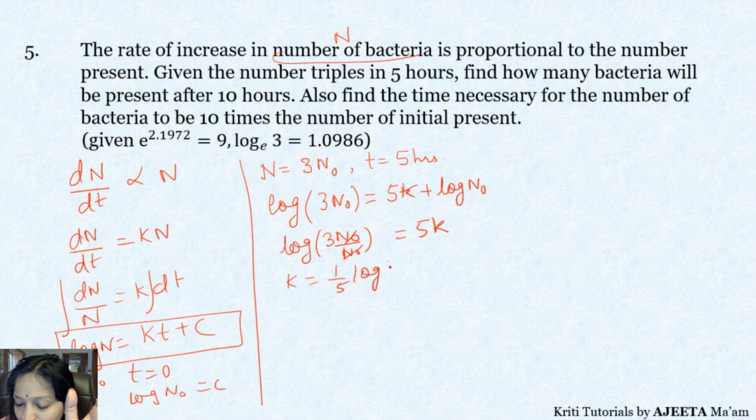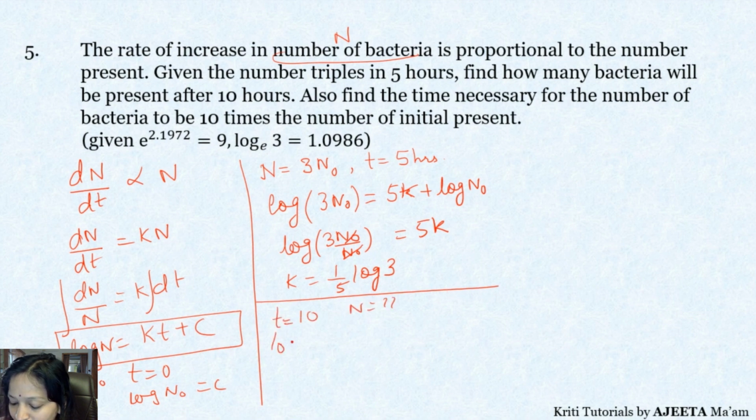When we solve, we will put it in. If you want to put it right now, you can do that also. Now let's move on with the conditions. How many bacteria will be present after 10 hours? Time is given as 10 hours, and we have to find n. So log n is k into 10 plus log n0.